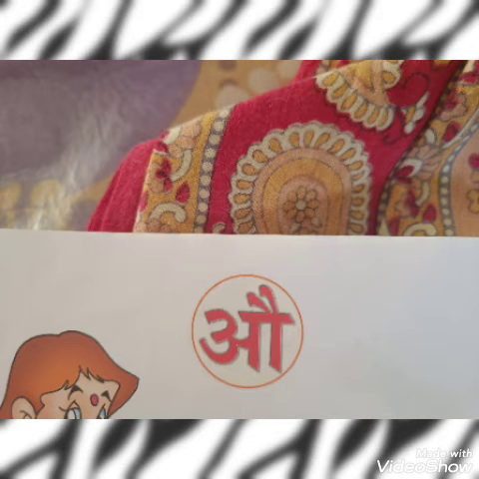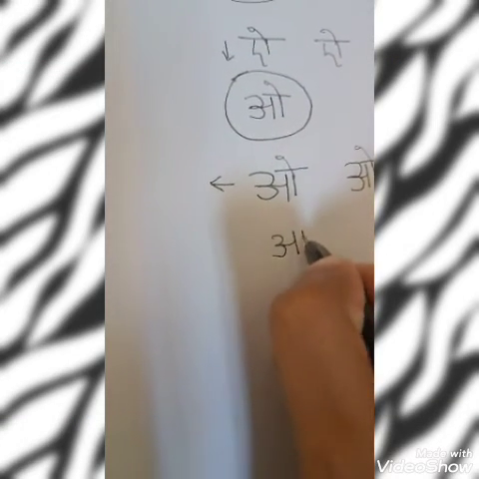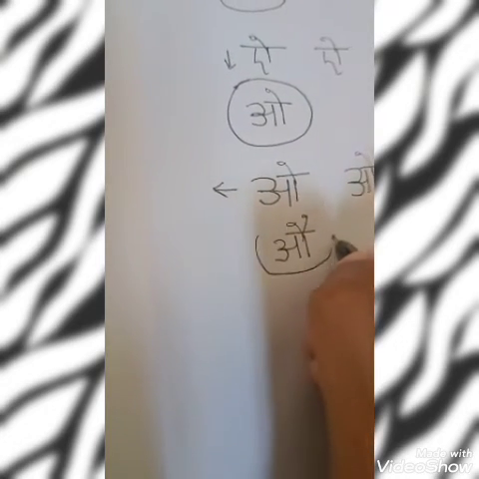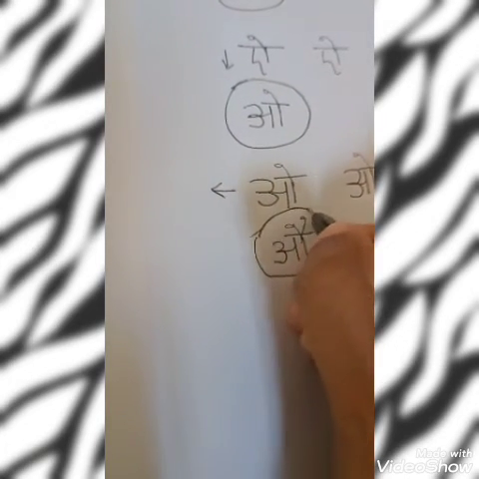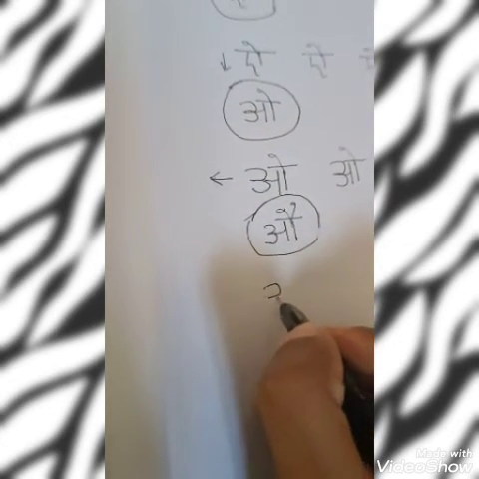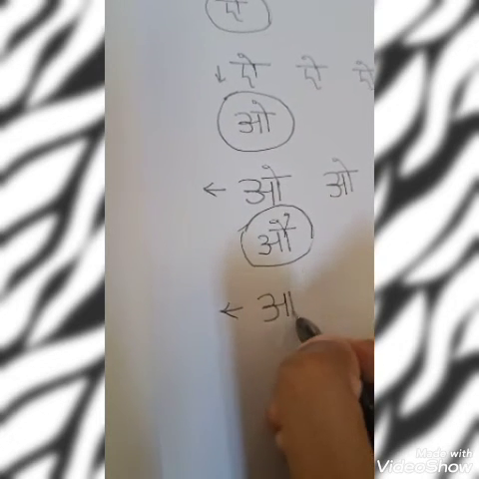And now going to ow. How will ow be written? Same as O, but giving two top slanting lines. Here we attach one more slanting line to the already placed slanting line.